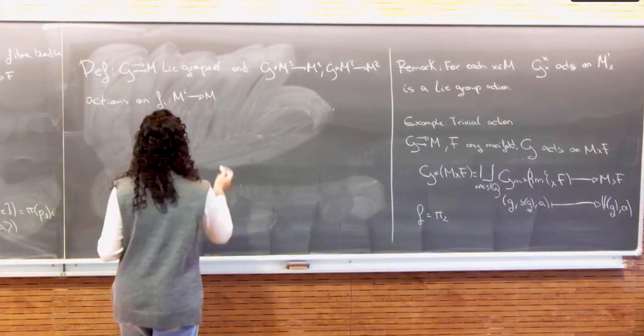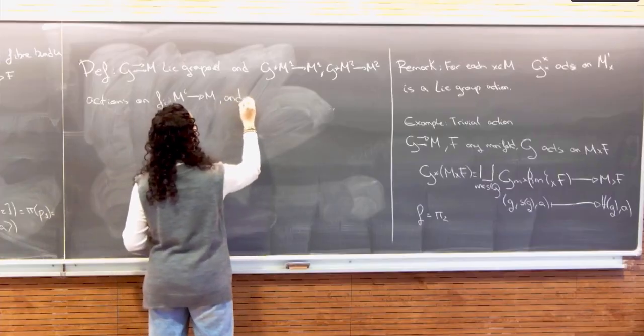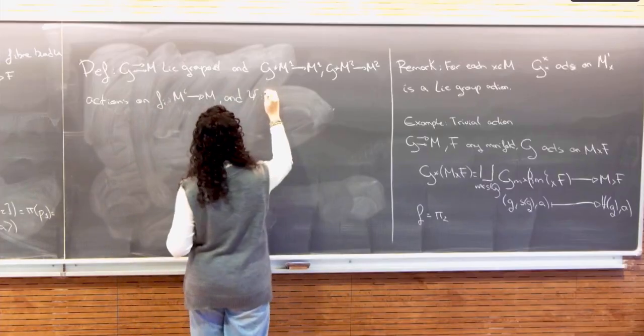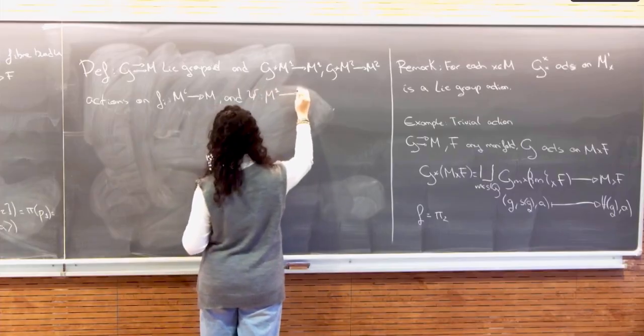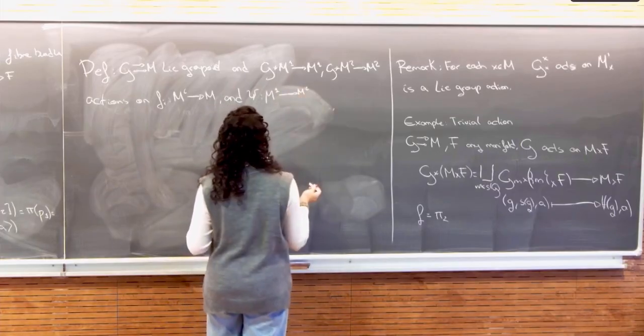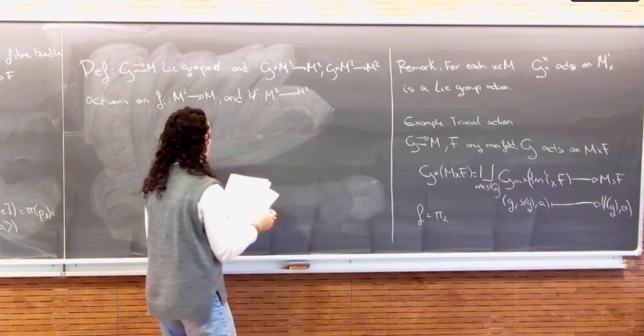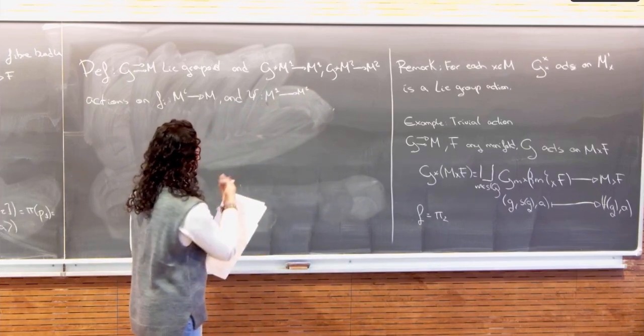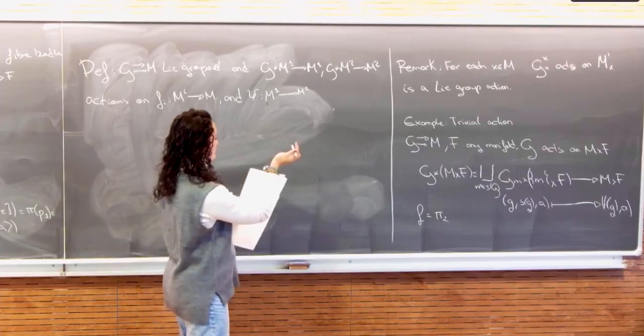Then we have a smooth map between the two different manifolds, and we would like for this map to respect the action of the groupoid on the different manifolds.